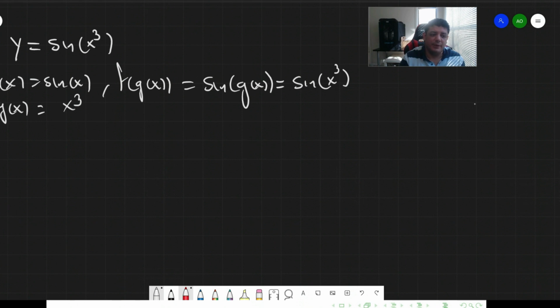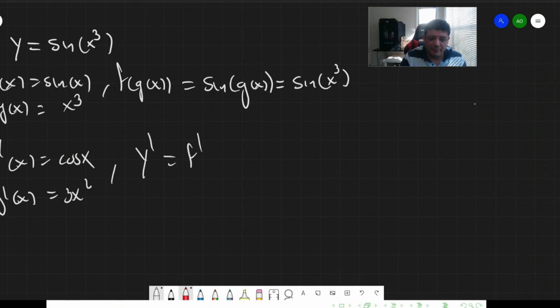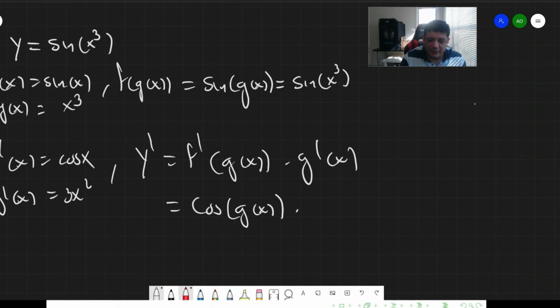Okay, and so using the formula, f prime is cosine and g prime is 3x squared. So now if we do y prime, we get f prime of g times g prime, and that's going to be cosine of g of x times g prime of x.